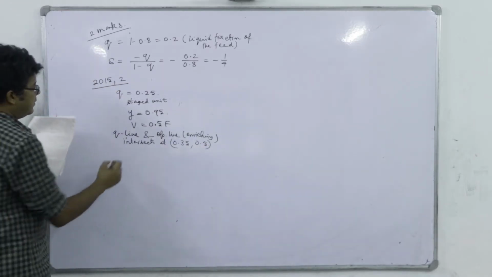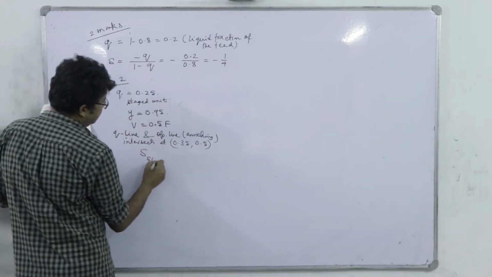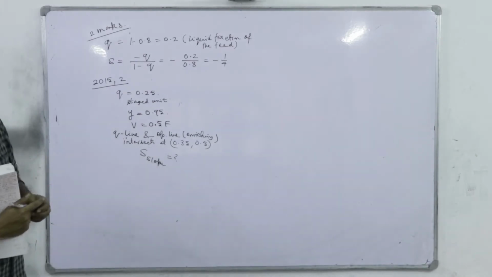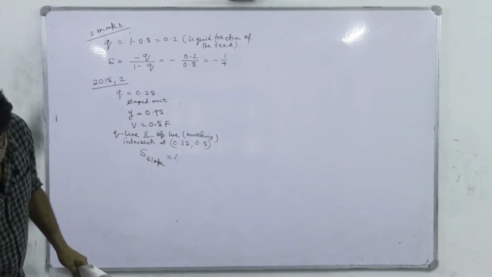The slope of the stripping section operating line, that we have to calculate.